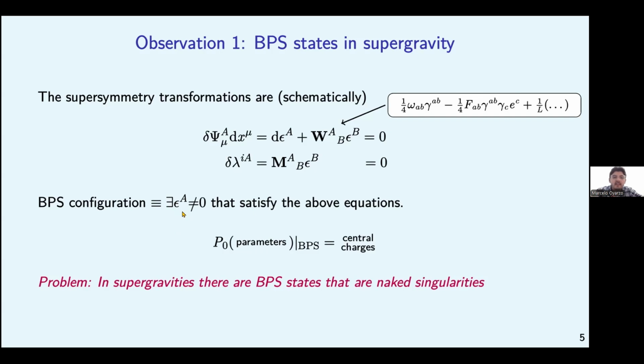And this will define whether your configuration can or cannot saturate the bound. Okay, and these matrices here, the bold matrices, are in general functions of all the fields, the metric and the matter fields, the scalars, and the vectors if you have them. So the statement regarding BPSness is about the full configuration, not only the metric, even though the spinor is usually called Killing spinor.